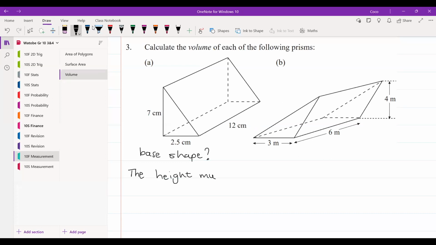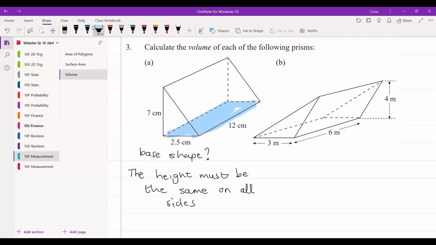Correct, on every side. The height must be the same on all sides, correct, on all sides, right?